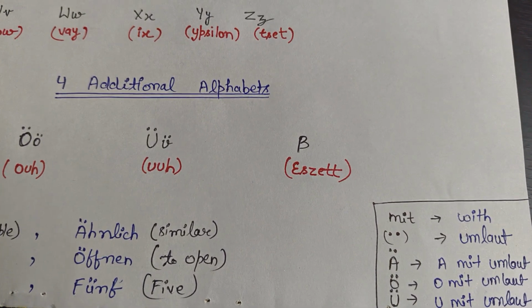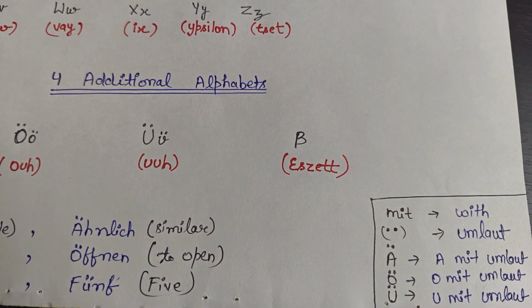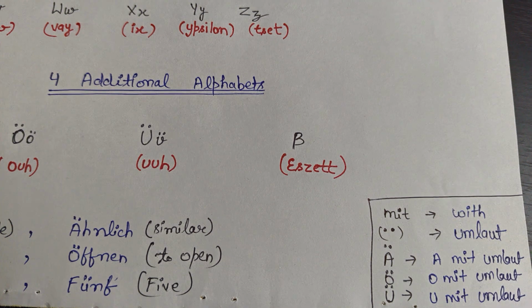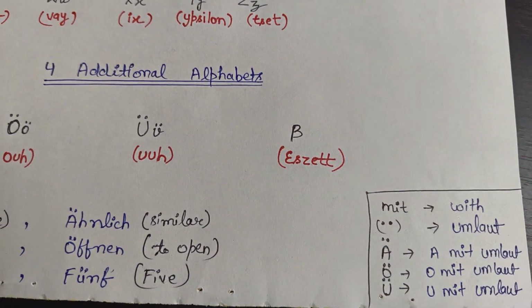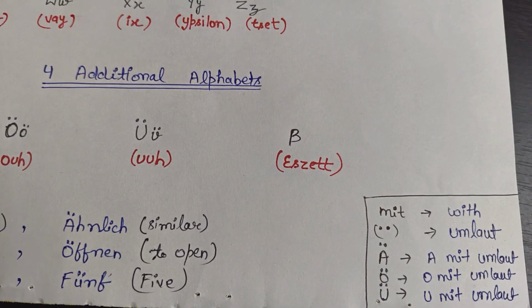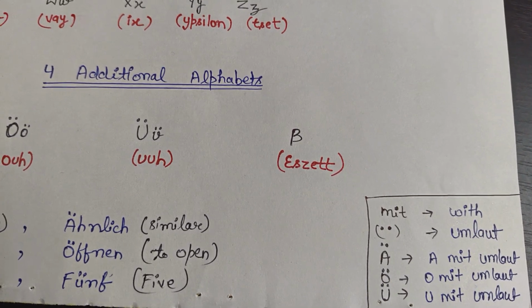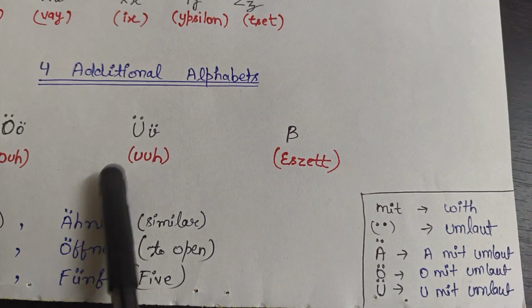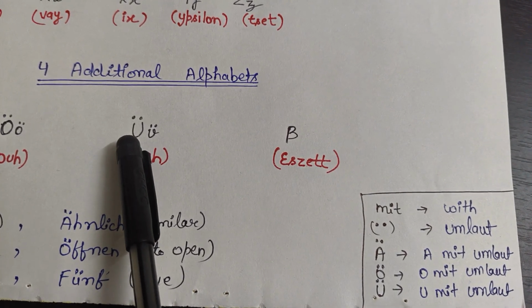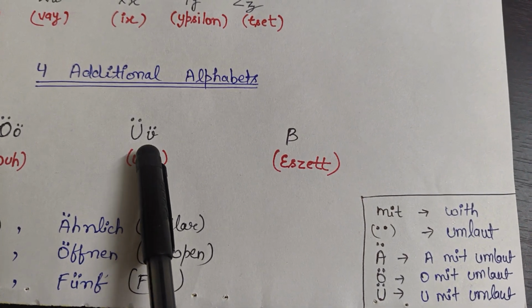Now, let's understand and know about the 4 additional alphabets which are the unique characters or special characters in German language. Before knowing how to pronounce all of them, first understand what these dots above these letters are called.